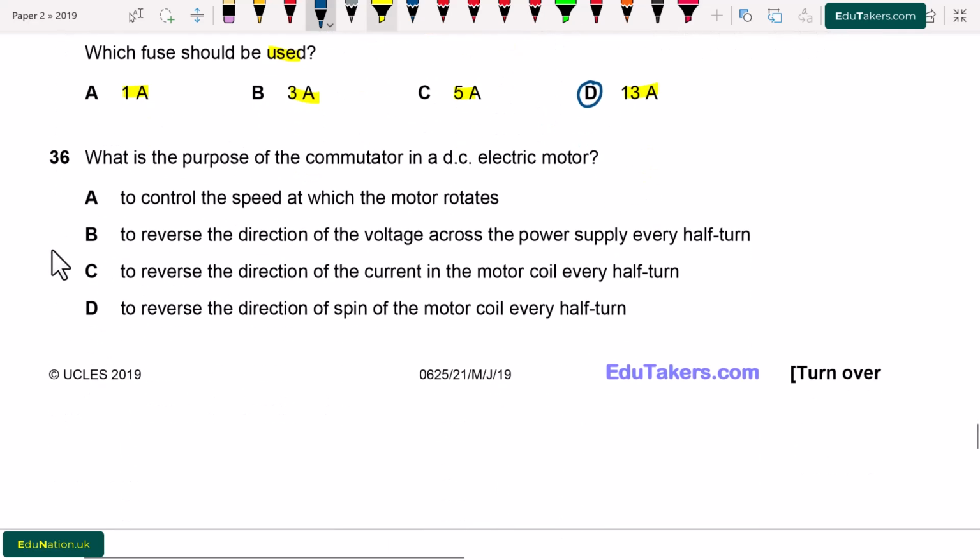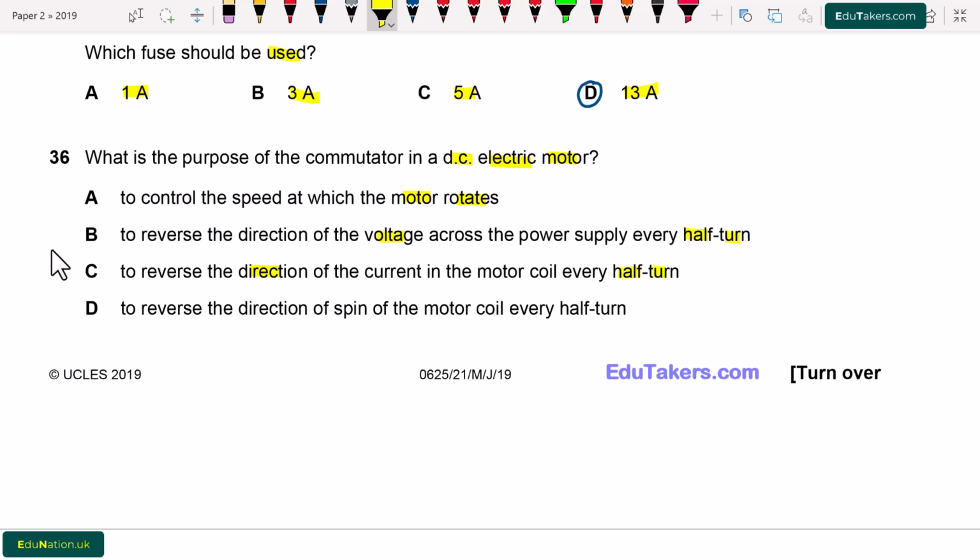Question number 36. What is the purpose of the commutator in the DC electric motor? Option A. To control the speed at which the motor rotates. B. To reverse the direction of the voltage across the power supply after every half turn. C. To reverse the direction of the current in the motor coil every half turn.